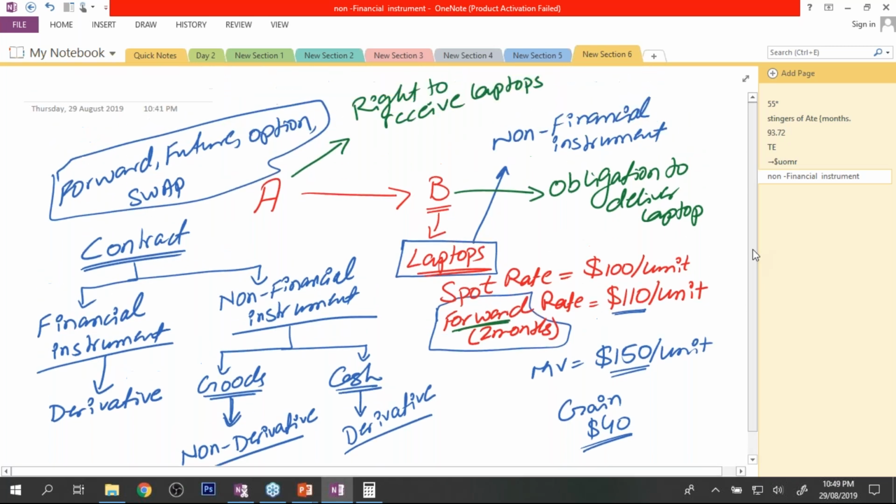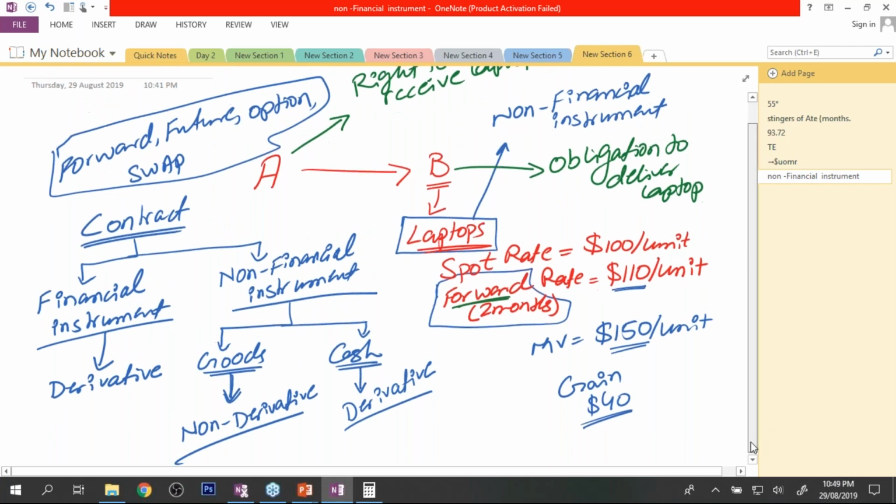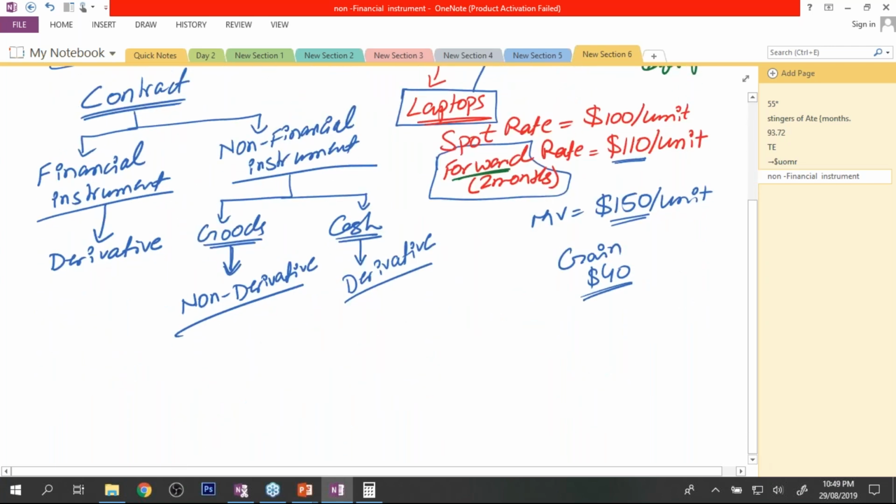So sometimes there are contracts which allow net settlement in cash. If the contract allows net settlement in cash and my intention is to settle in cash, that will become a case of derivative. Otherwise, it will be a case of non-derivative. And if it's a non-derivative, it will go to IAS 37 and we have to check whether the contract is an onerous contract or not, whether it's a loss-making contract or not.